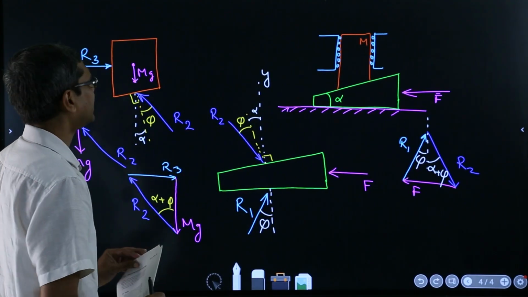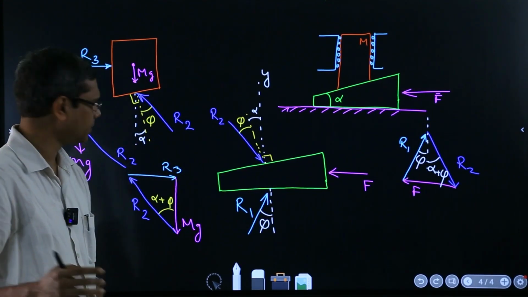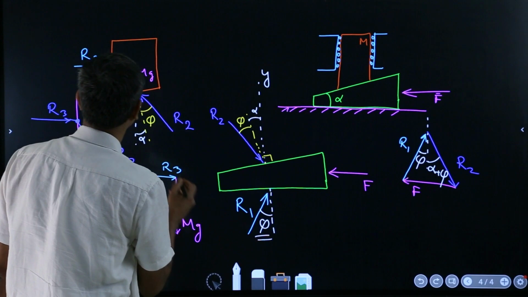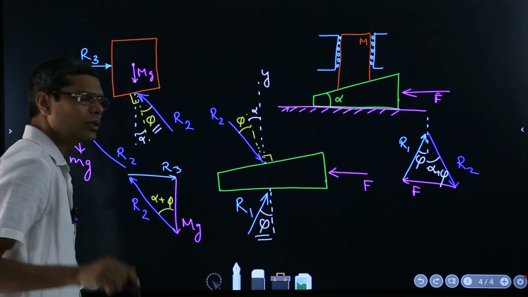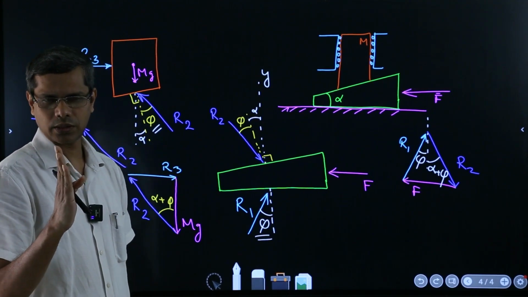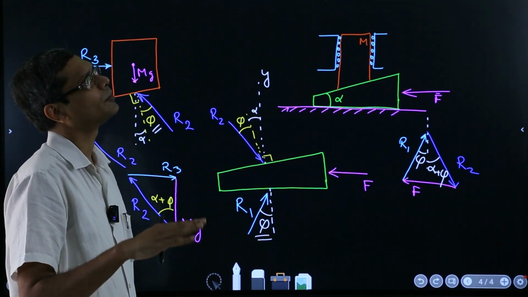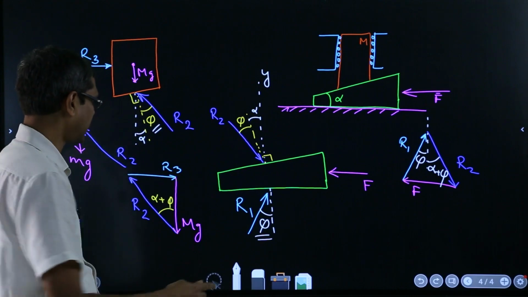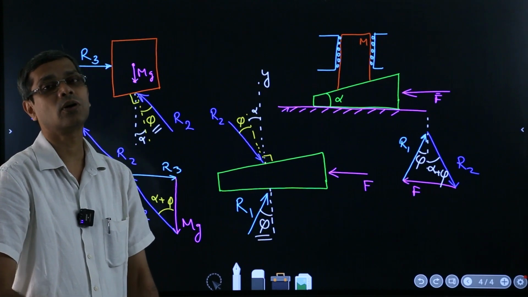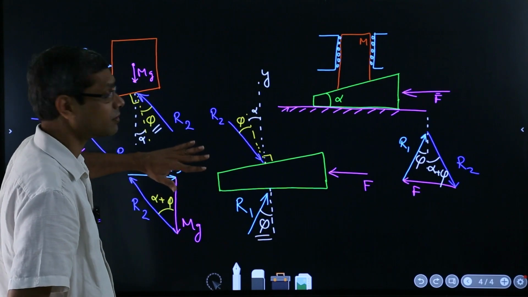When we said that it is on the verge of slipping at both these places, this phi and this phi, the reaction forces were completely at the maximum limit. They were not about to move beyond that phi, because all the surfaces were just about to slip. Otherwise things will not start moving, isn't it? So that's the condition of slippage.